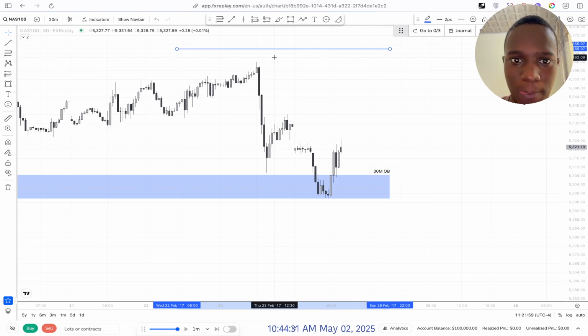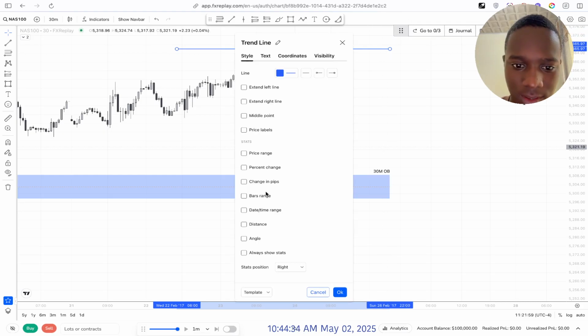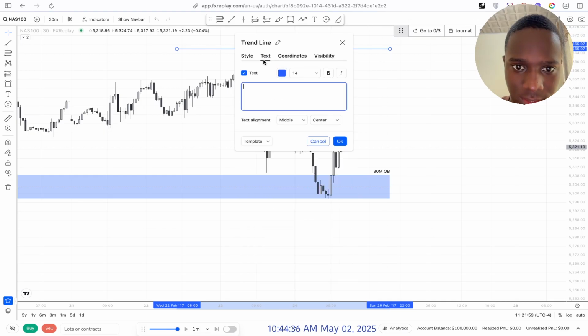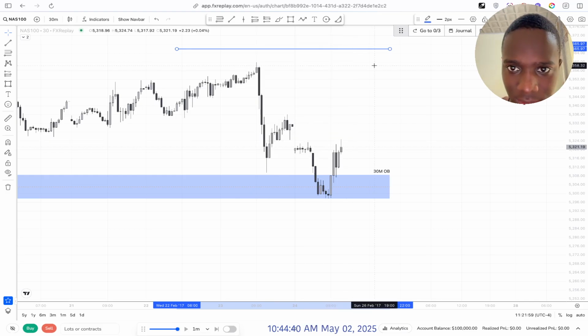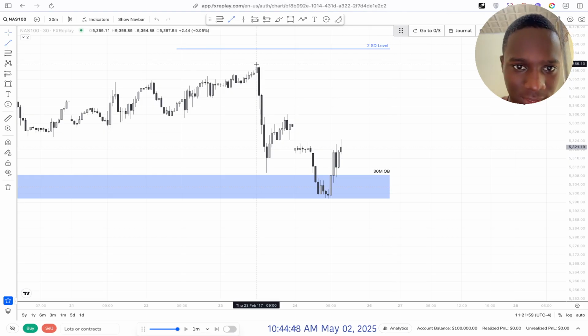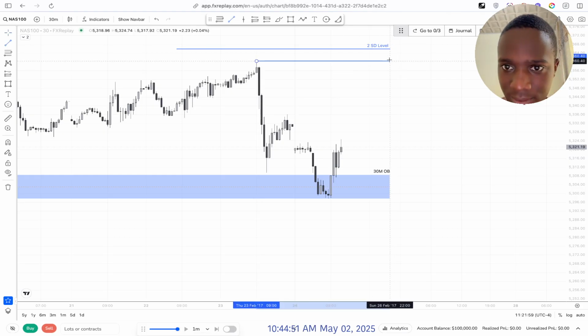So we can name this something else. Can put text top right. Okay, so this is the 2 standard deviation level.